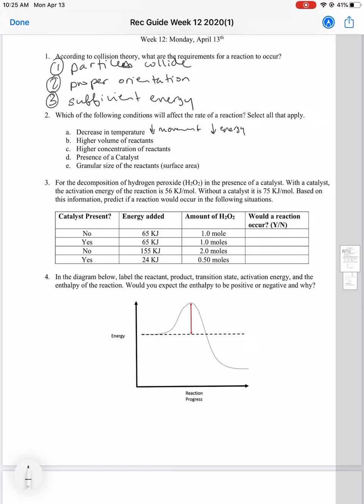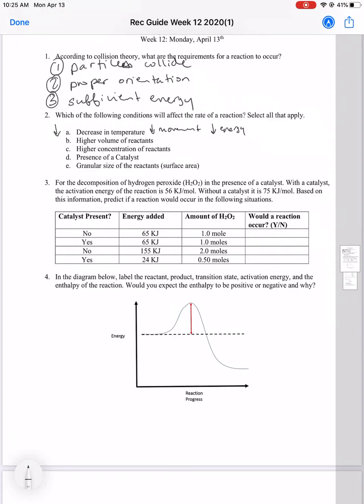So when fewer particles are moving, fewer of them are going to collide, so it's less likely that they'll collide in the proper orientation and with sufficient energy. And if your energy is decreased, then the sufficient energy is also decreased. So this will cause the rate of reaction to decrease.